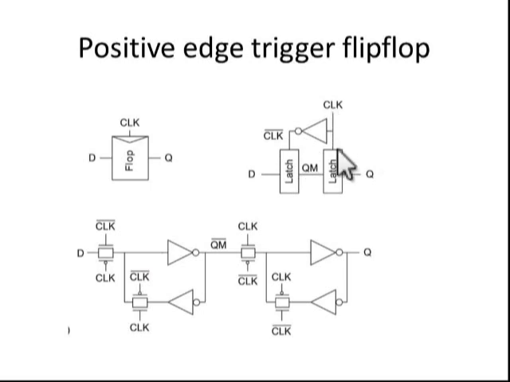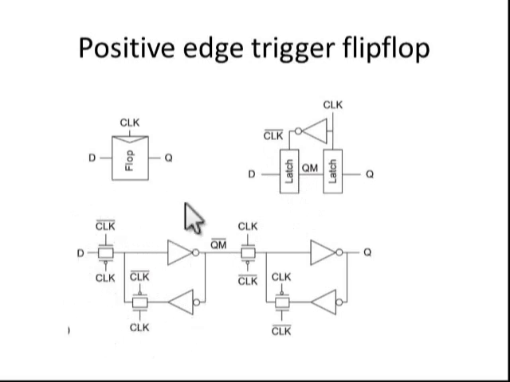So if it is connected to clock, now this is positive latch. And if it is connected to clock bar, then it is called negative latch. Okay. So what I am going to say here, for positive edge trigger flip-flop, the first stage is negative latch, the second stage is positive latch. Okay. So already we discussed the negative latch, and this is the first latch. This is the negative latch.